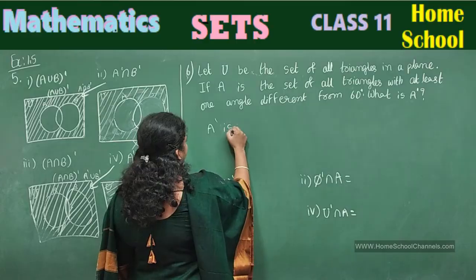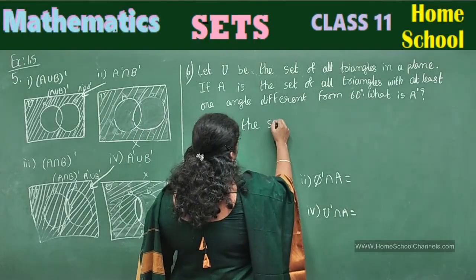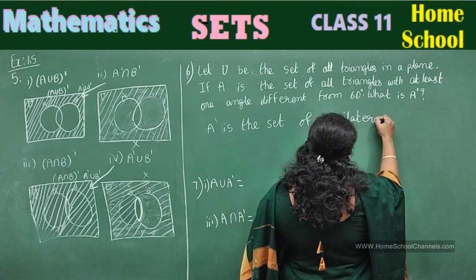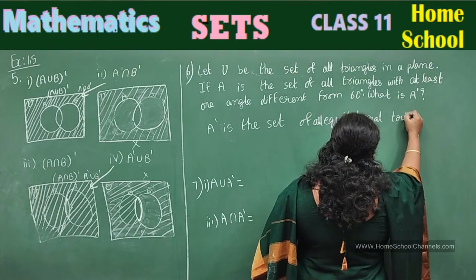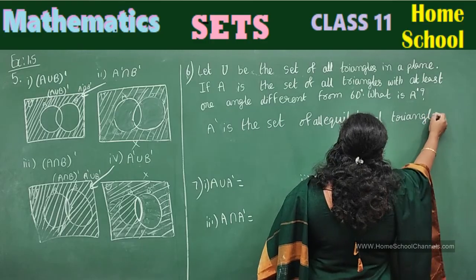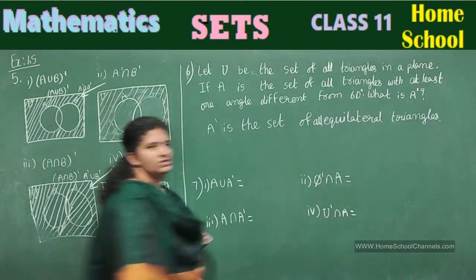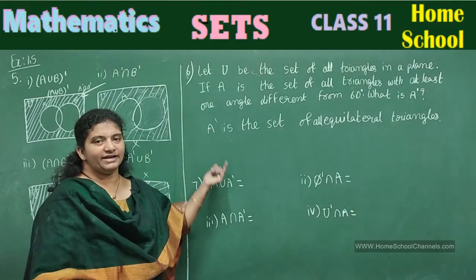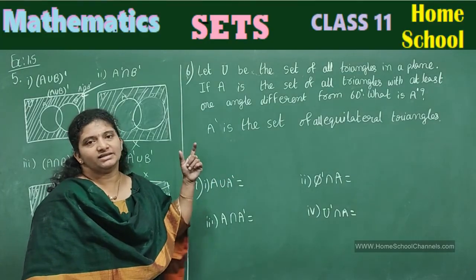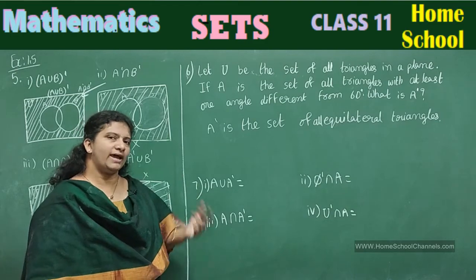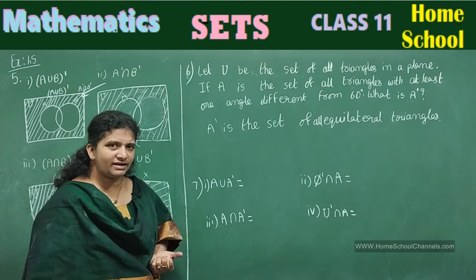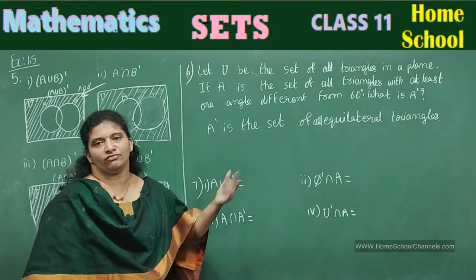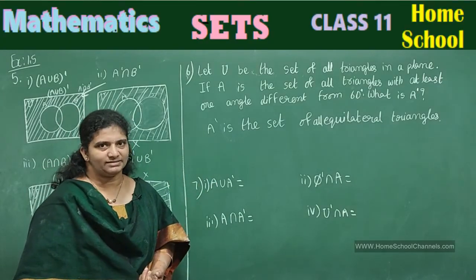A complement is the set of all equilateral triangles. So one angle different from 60 degree, and its complement is the angle equal to 60 degree. Then if all angles are equal to 60, what can we say about the triangle? Equilateral triangle. Therefore A complement is a set of all equilateral triangles.